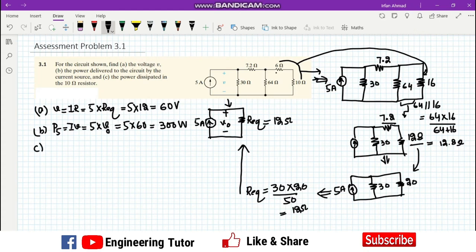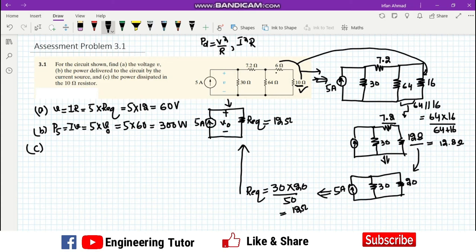Now for part C, we have to find the power dissipated in this 10 ohm resistor. There are basically two formulas to find the power dissipation in any resistor: V square divided by R, or I square multiplied by R. If we have the voltage across any element, we can easily find the power dissipated in that element.